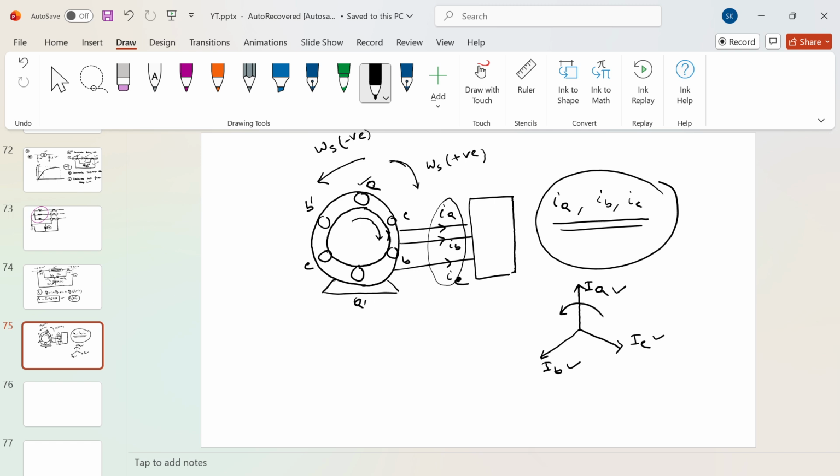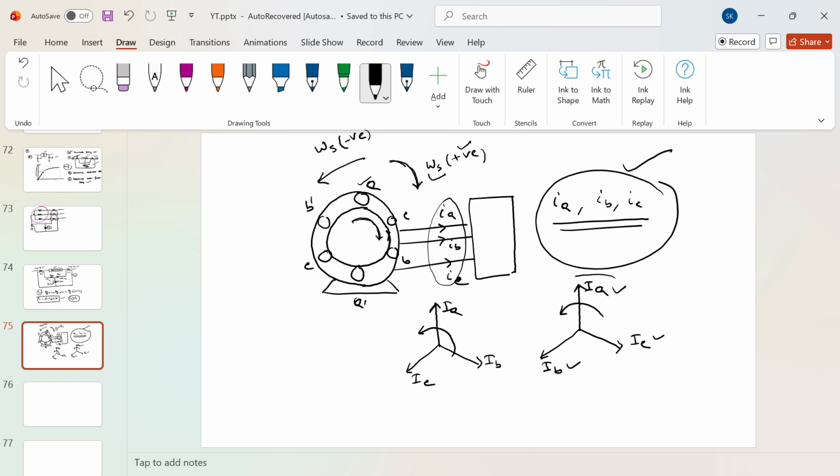Let me explain one more time. Because of this unbalanced current, I have positive sequence: this is my positive sequence, IA, IB, IC. This positive sequence component is decided by the rotor rotation: the rotating magnetic field will be in the same direction as the rotor. So your rotor is rotating in the clockwise direction, and the rotating magnetic field because of the positive sequence current is also rotating clockwise.